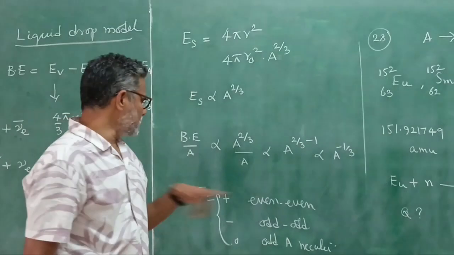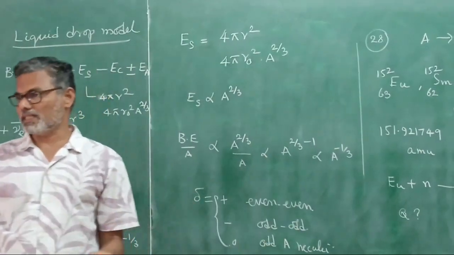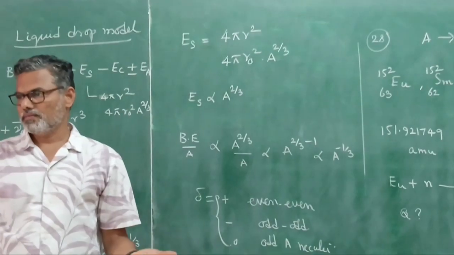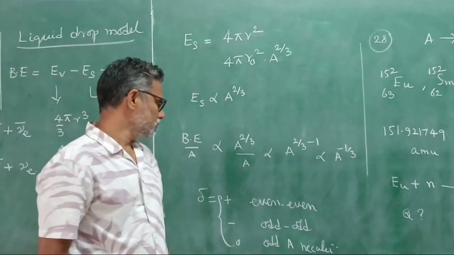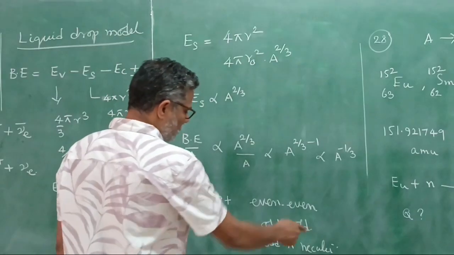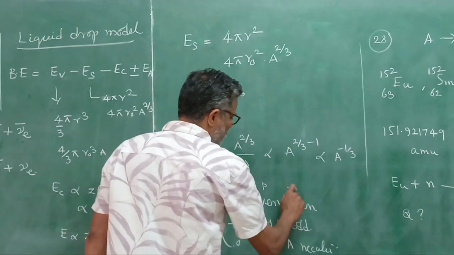Whereas for even, you get even. So delta is 0 for odd A nucleon. Even stands for proton and neutron.